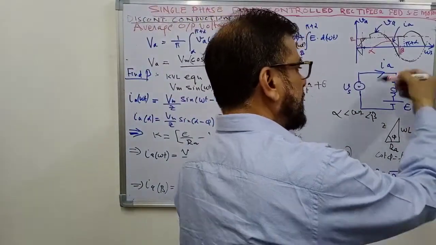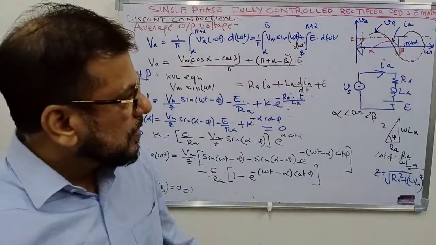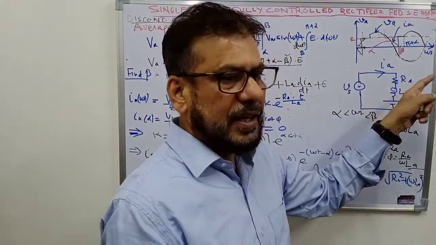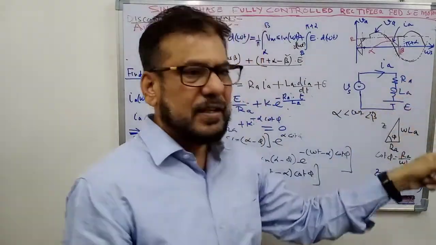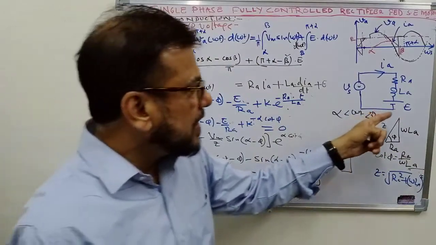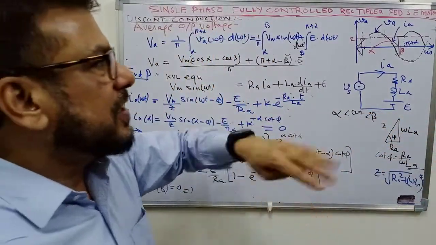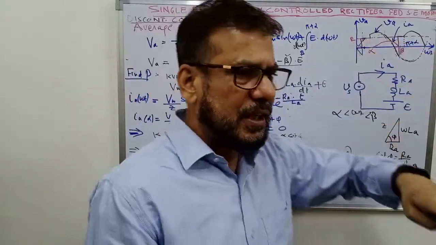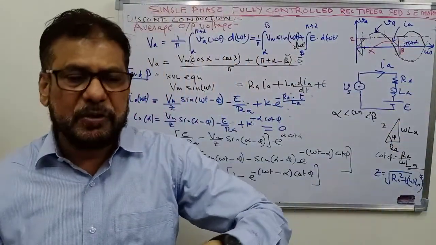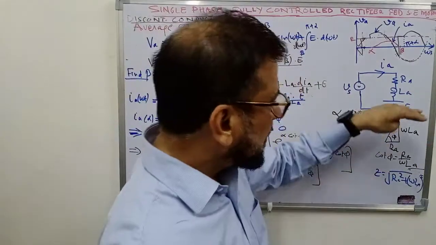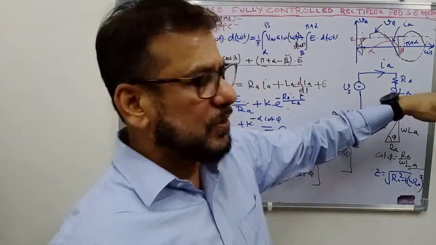The motor here I have shown as an RLE load: Ra is the armature resistance, La is the armature inductance, and E is the back EMF. During this variation in the output voltage, the speed remains practically constant because of the high inertia of the motor. So E can be taken as a constant voltage source.